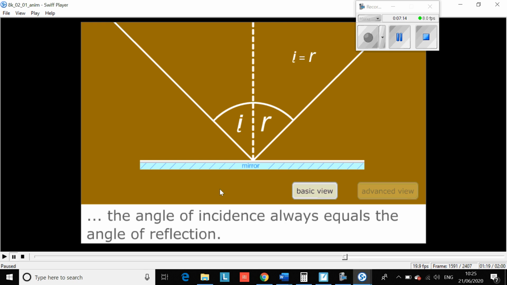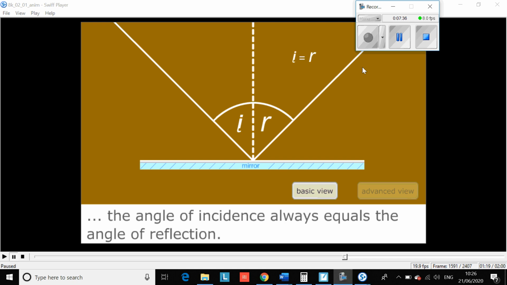So pause the video, guys, copy this into your book, and then that sentence. Also, it's probably a good idea to have a little arrow on this line going that way to show that the beam of light is coming in that way, and then an arrow on this line to show it's bouncing off that way. Okay, so pause the video and do that now.